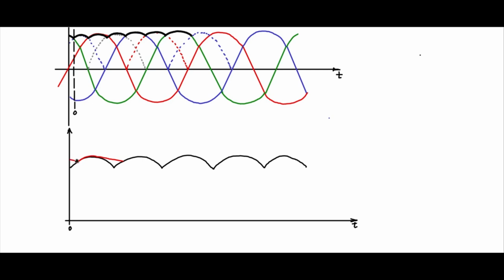Similar concept: in steady state at this point, let us say the diode conducts, the output voltage tracks the input envelope and then discharges. Then at this point it tracks the input envelope, and then once the input envelope goes below the output, diodes are reverse biased, then the capacitor discharges, and so on, this continues.